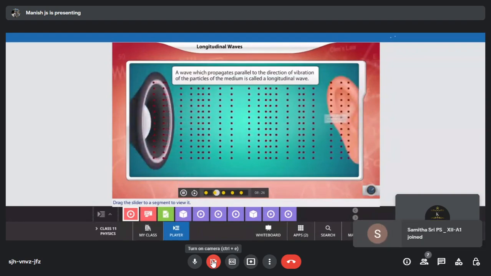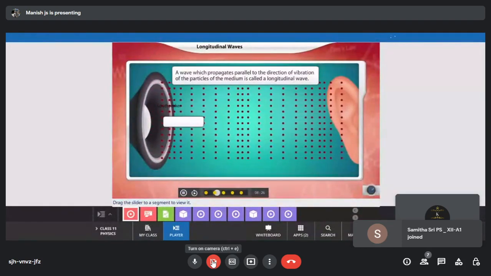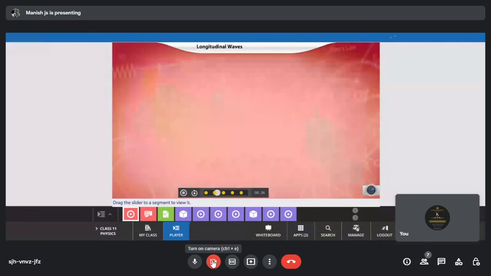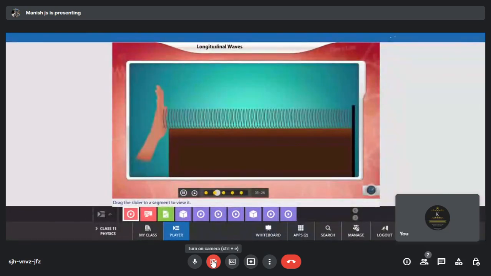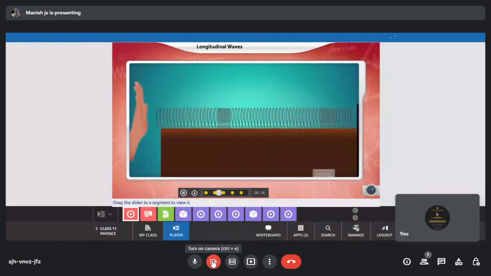Sound waves generated by a vibrating body such as a loudspeaker are longitudinal waves. A simple demonstration of a longitudinal wave can be seen using a long slinky held at one end by a rigid support. When the left end of the slinky is moved back and forth parallel to its length, notice the series of disturbances which travel through the slinky.